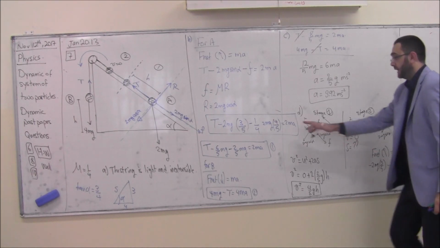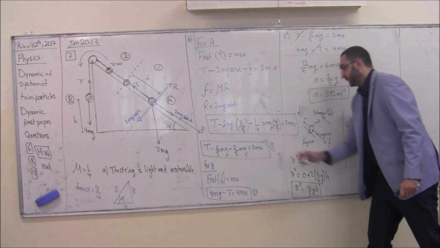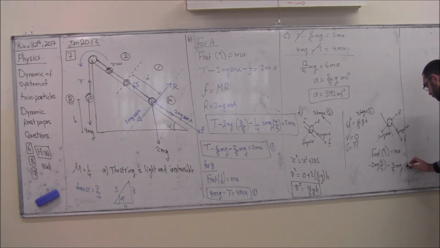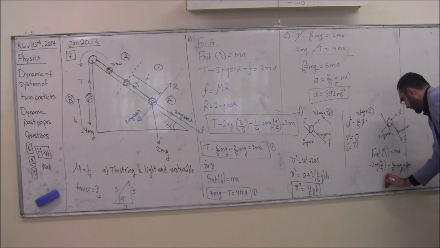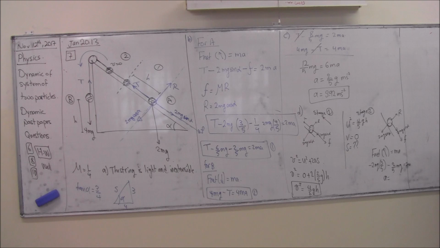This equals 2 ma. M cancels out. So A comes out to negative 6 over 5 G. Now we have the acceleration.